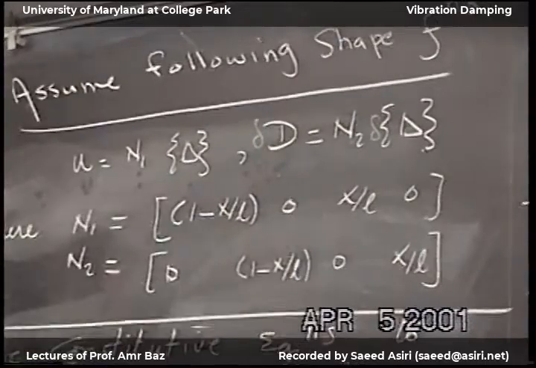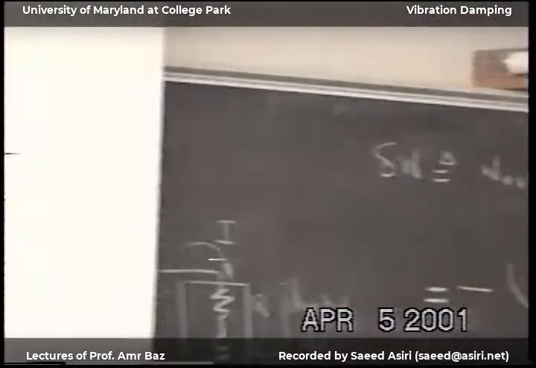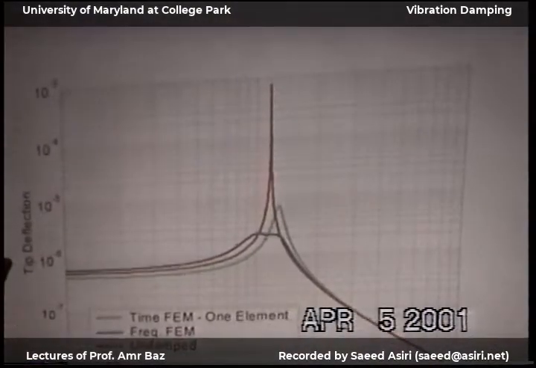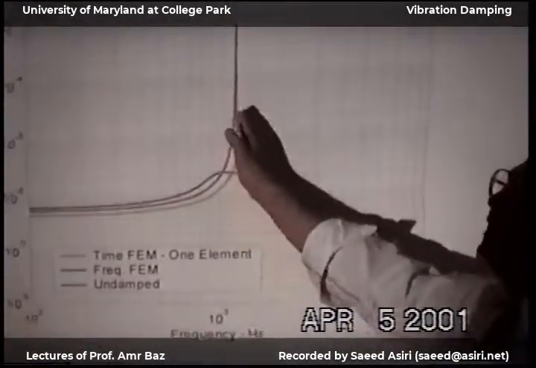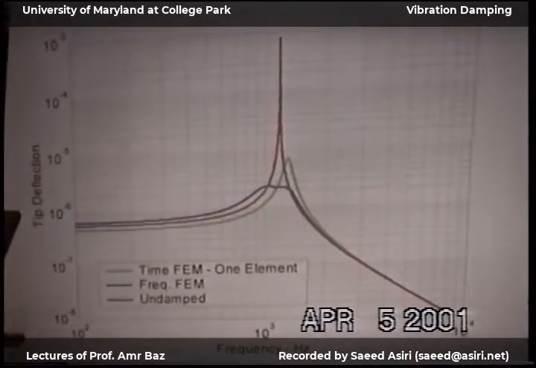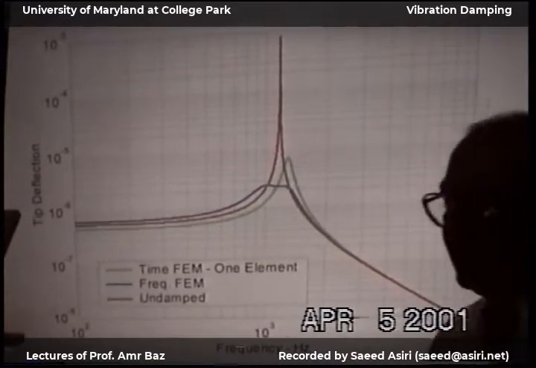So the results don't compare exactly to this unless we increase the number of elements. So for a single element, that's what we have. The frequency is shifted from the main frequency that we calculate with a frequency domain model.